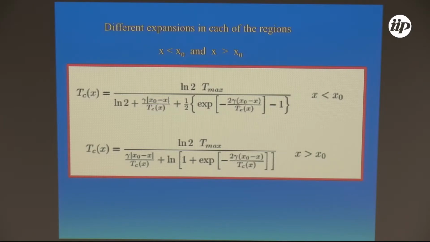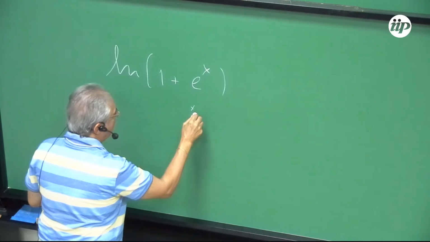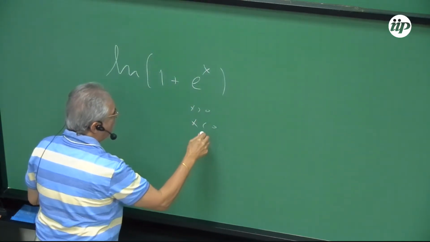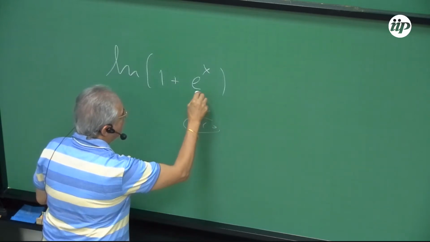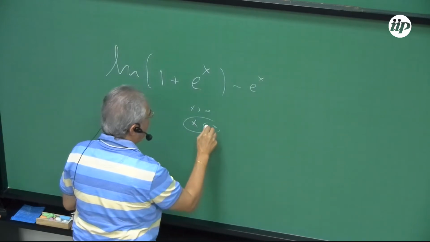The reason is, when you expand this function here, if x is greater than 0, in this case we can expand this when x is negative.